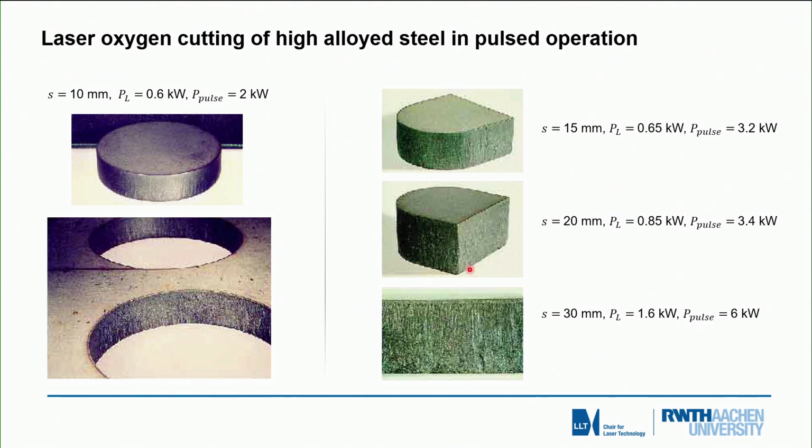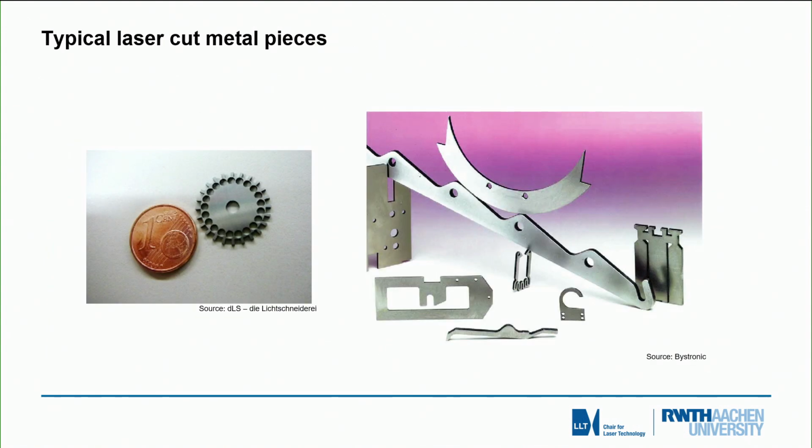You see in all the pictures that this geometric precision is really one of the big advantages of laser cutting. Further examples in micro cutting, very small structures here, or in medium-sized applications, several thousands of such systems are used every year in new processes for making parts like this 24/7.